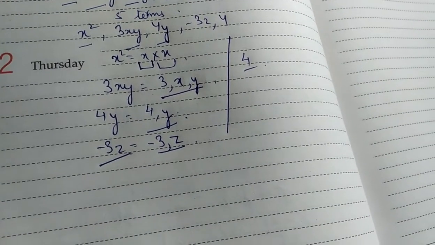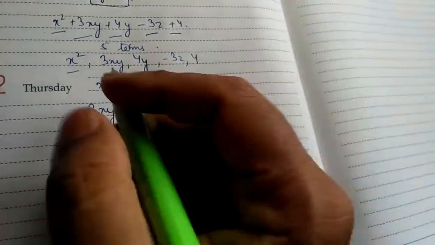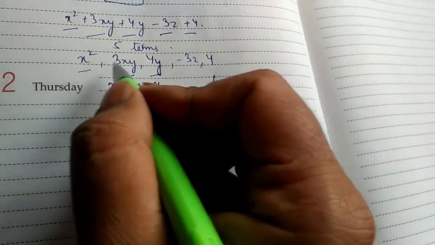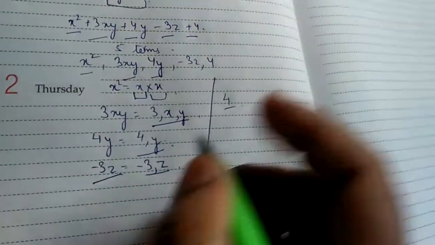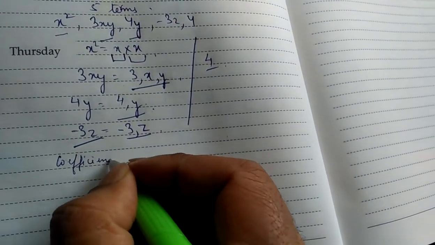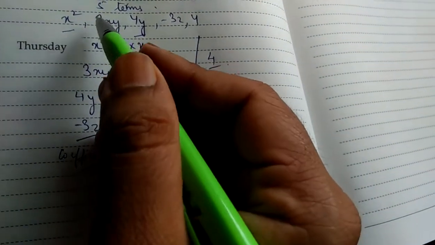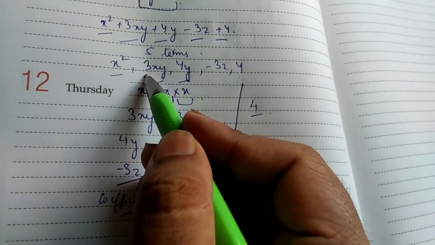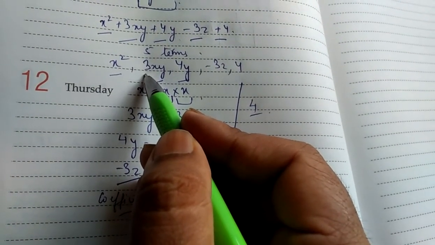So every term has a coefficient. The numerical part is called the coefficient.